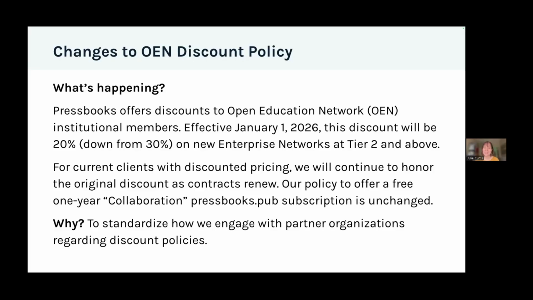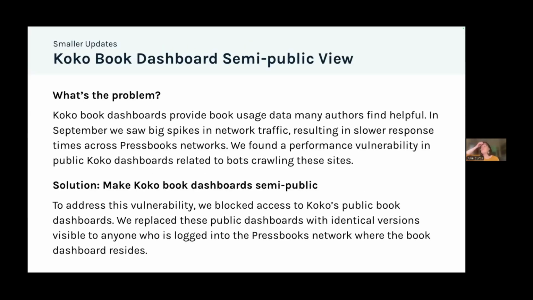It's different from many years ago when we got started, and so we're bringing that into alignment with what we're doing with other partners. I don't think anyone here is affected on a go-forward basis, but we wanted to let folks know about that. And OEN has also been in the loop. We've had conversations with them, so they've been aware it's coming, and we'll be adjusting the message on that in their community as well.